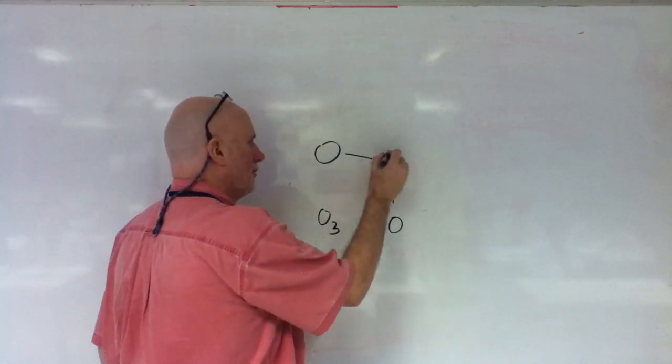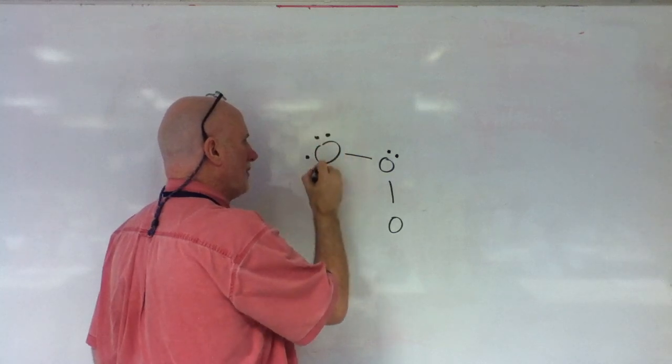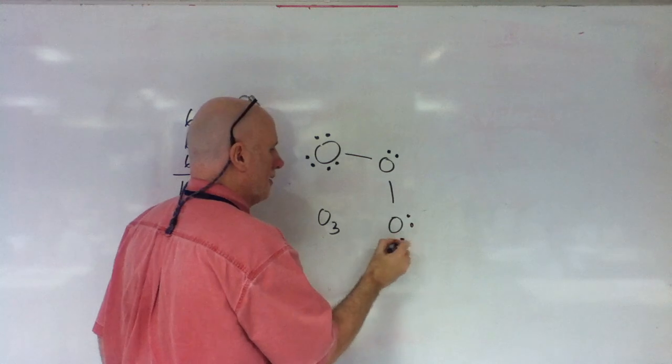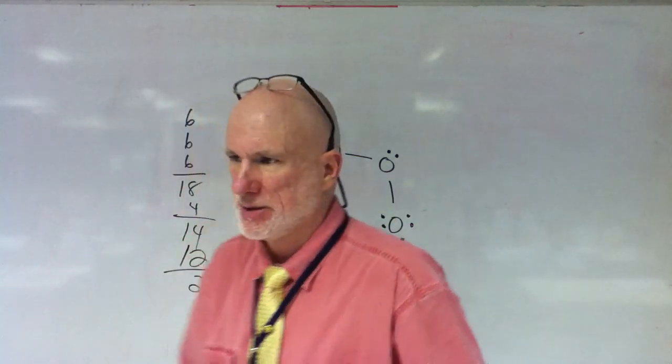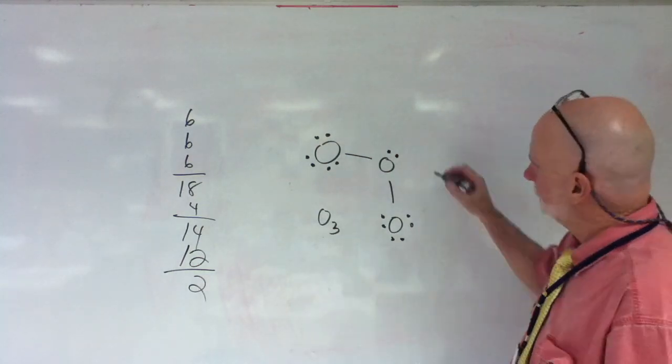So remember, this has 12, this has 8. I want to put those in because it'll help you visualize this. So what happens with this?